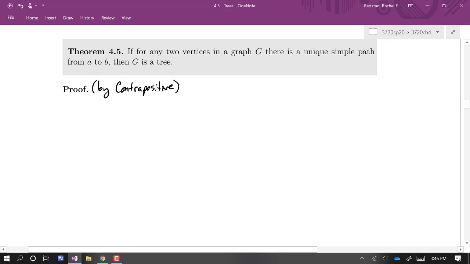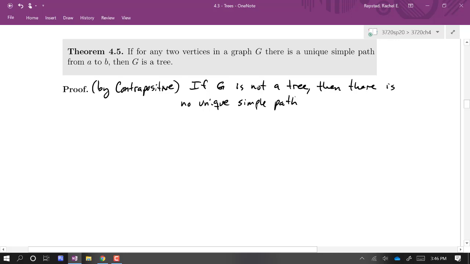The contrapositive statement is, if G is not a tree, then there is no unique simple path for two vertices, meaning that we could find two vertices for which there is no unique simple path.